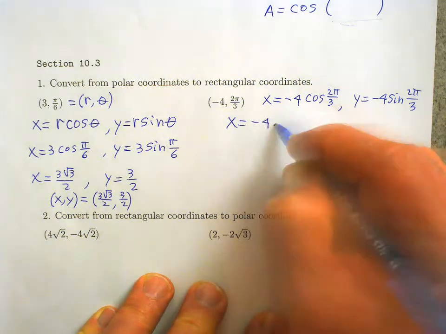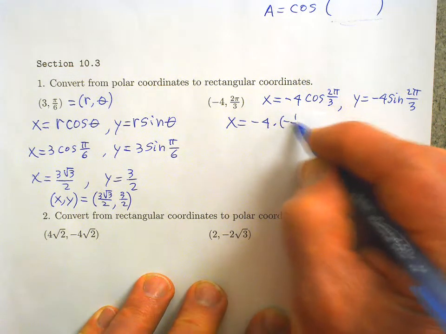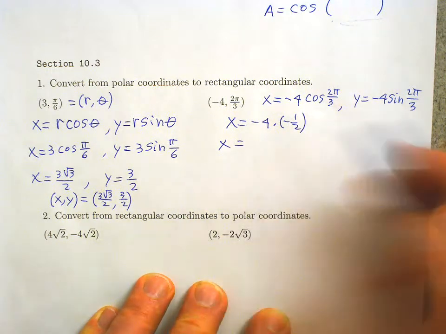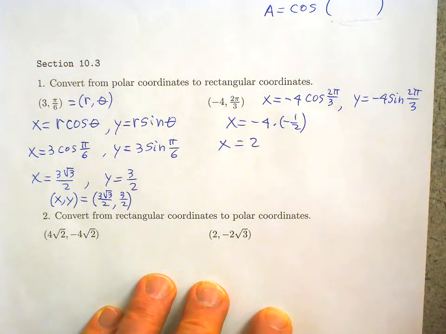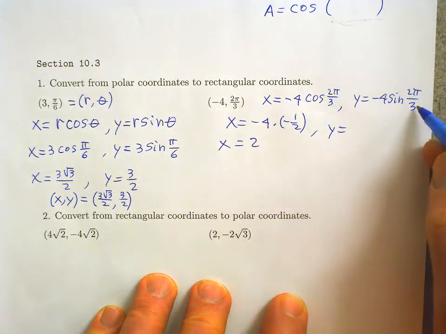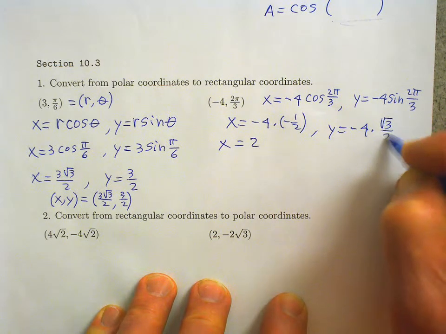And cosine of 2 pi over 3 in the second quadrant is -1/2. So x is -4 times -1/2, which is +2. And in the second quadrant, sine of 2 pi over 3 is positive square root of 3 over 2.